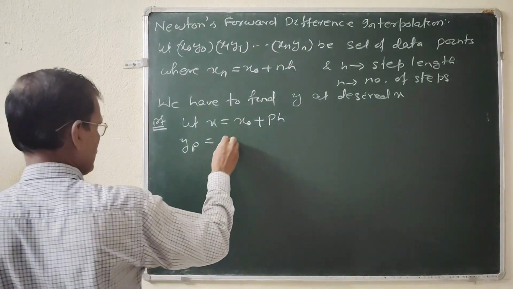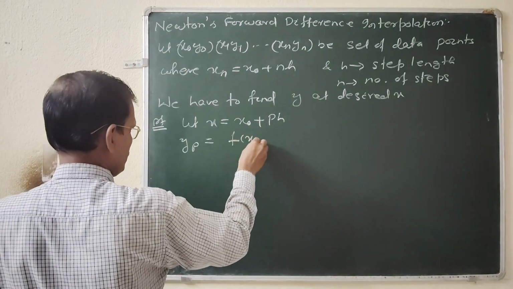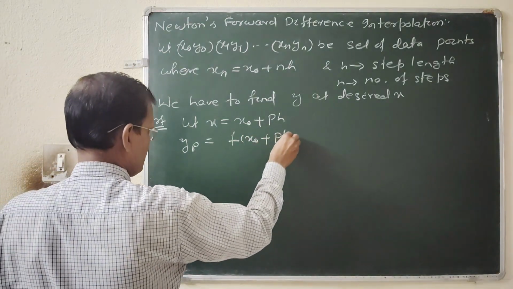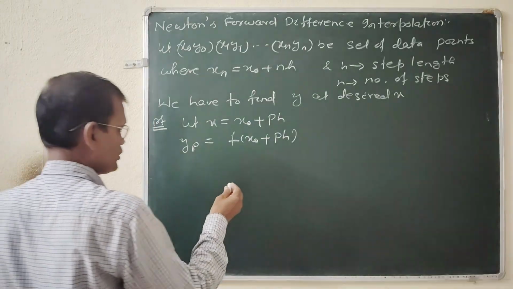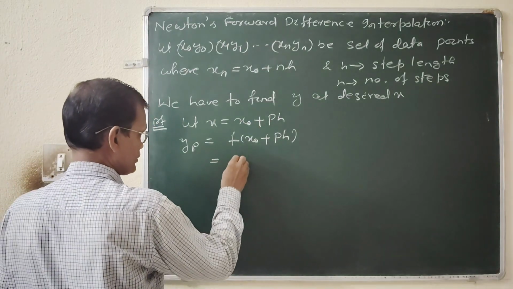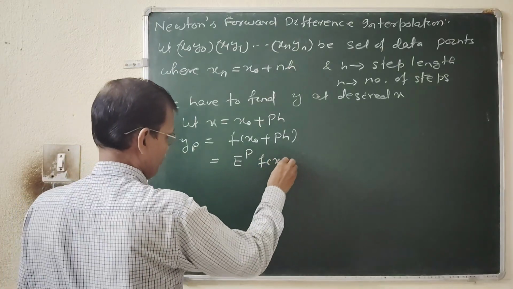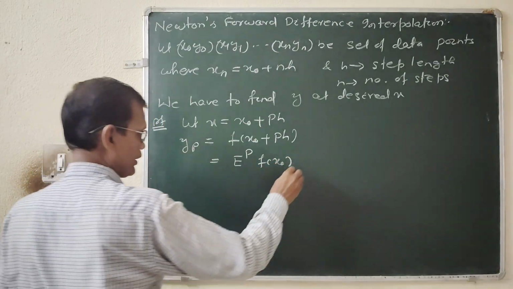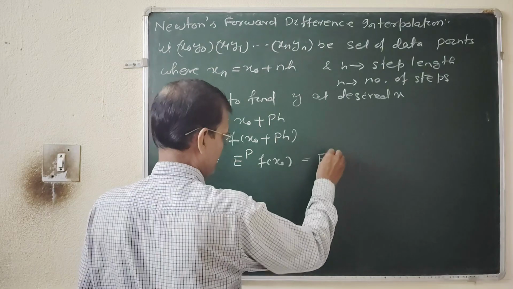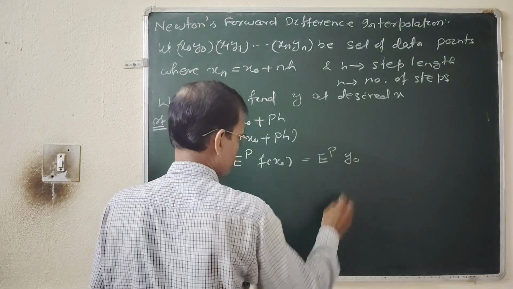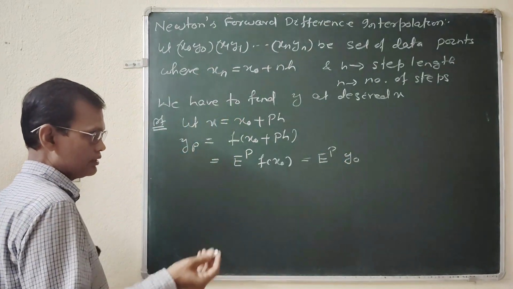yp is equal to f of x0 plus ph, and as per the shift operator we can write it as e to the power p f of x0, or we can write e to the power p y0. But what is e?